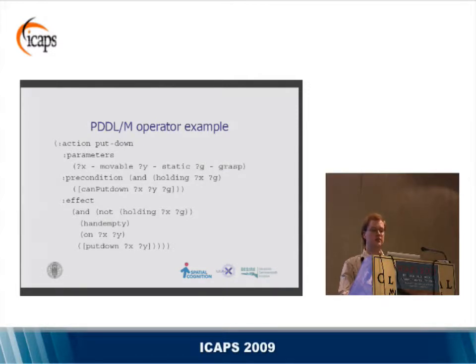So this checks if a robotic arm holding the object X can put it down on place Y, and this will run an algorithm which really does the planning. We mark this with squared brackets so the planner knows that this is a predicate that has to be evaluated and is not valid in the state. The same goes for the effect. There we have the put down, which is in this case an effect which would result in writing the new object position to the state.